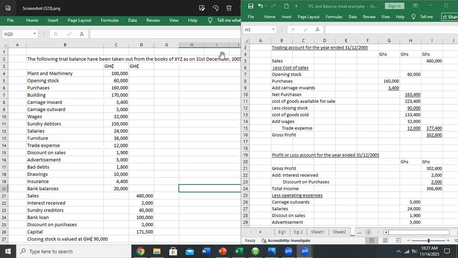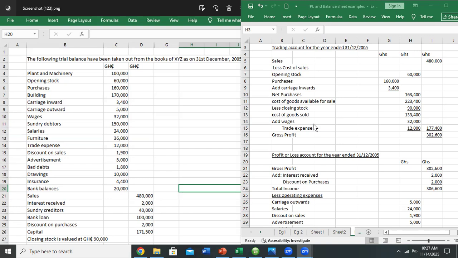Now let me make this distinction so that maybe you appreciate. Some of the expenses are in the profit and loss account simply because you cannot trace them directly to the trading activity, or it's more or less like an indirect expense. Those that we take to the trading account are the direct expenses affecting the trading.